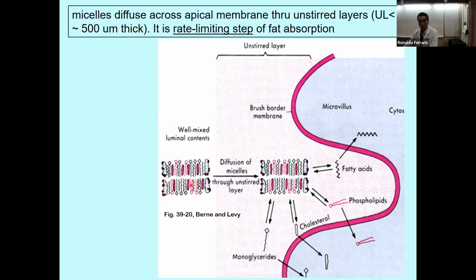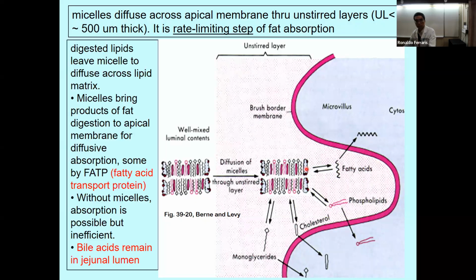Instead of these lipid digestion products walking through here very, very slowly, because they really cannot penetrate the aqueous medium right here, they're actually being brought by these micelles very, very close to the surface. The bile acids themselves do not cross, because again, they have a hydrophilic component. So that's really the important role of micelles.